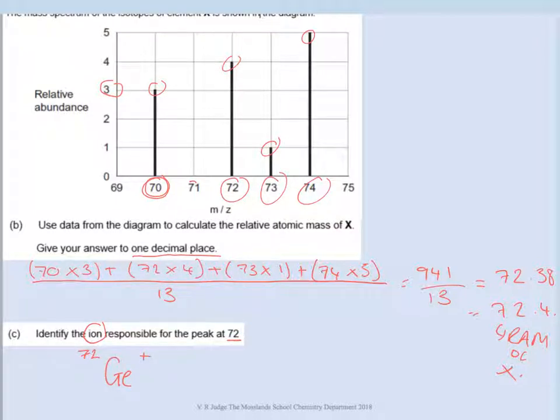So if you're given a question like this, they do come up fairly often, or they have done in the past, make sure that you identify the mass of the ion, the 72, make sure that it is an ion and you've given it a plus charge, and it's also asking you to have a look on the periodic table and find out which specific element it is as well. So that's the full marks for that question.